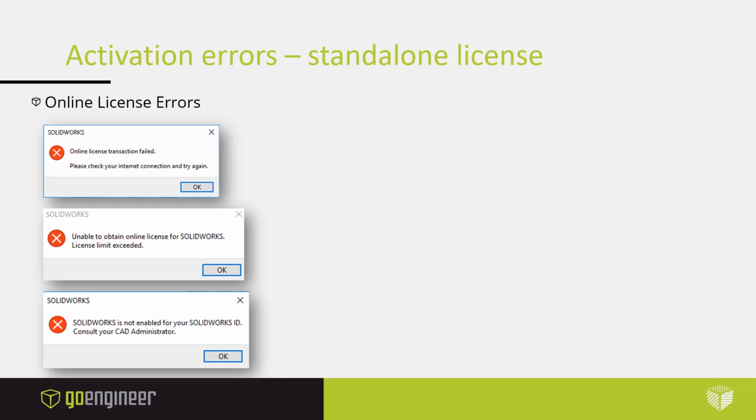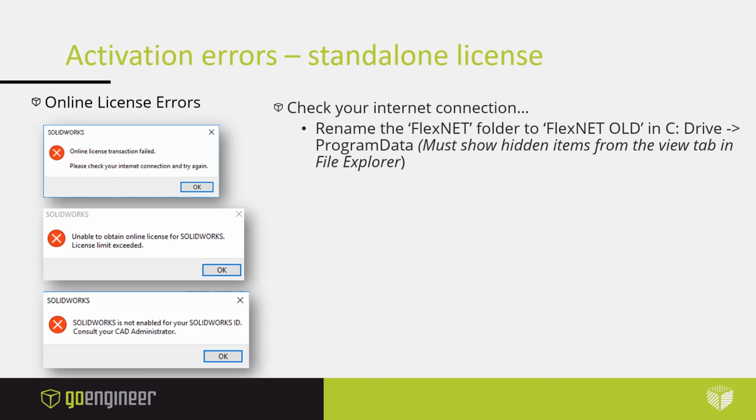Okay. The first one says check your internet connection. Really what we need to do is clear the login information that's been cached in this folder, in the C drive, in the program data folder. The FlexNet folder would typically just require you to delete that or rename it to FlexNet old. This would refresh the login data.